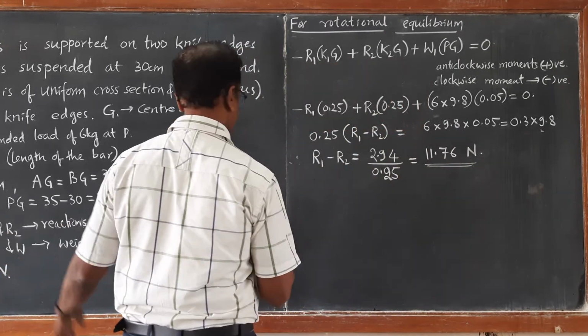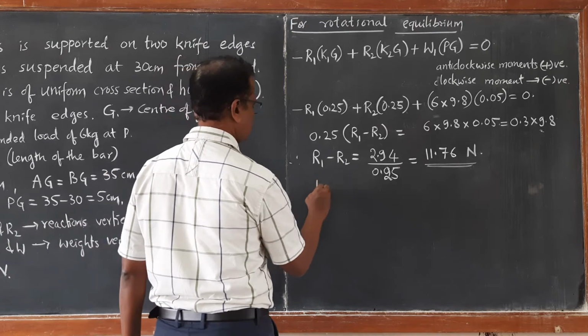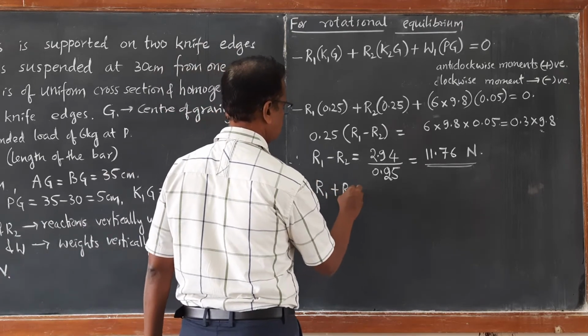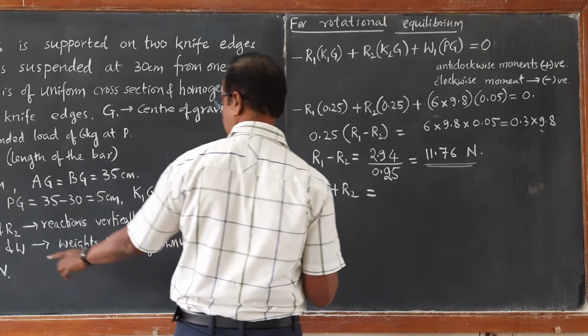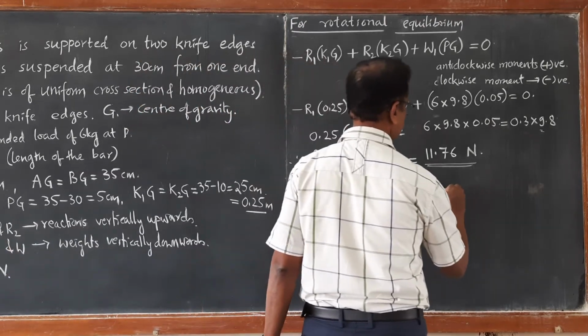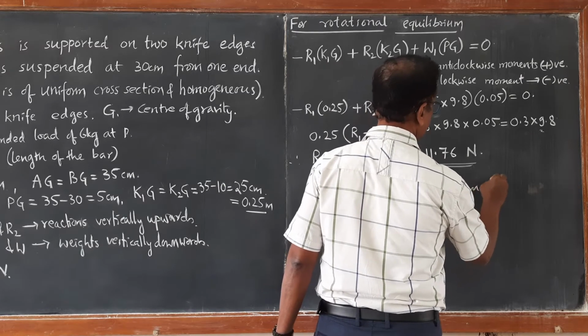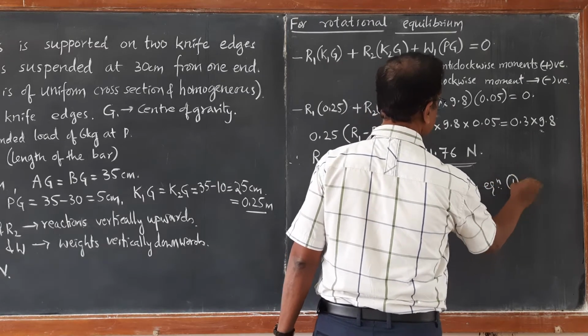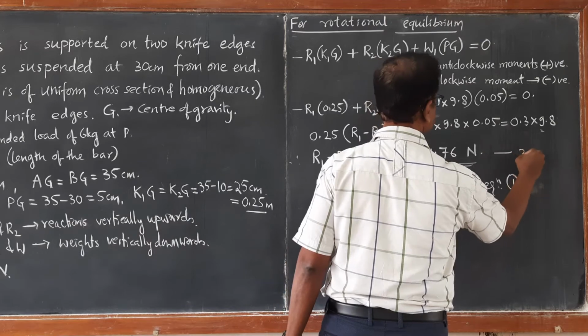And from equation 1, we got R1 plus R2 equal to 98. So this you can call equation 2.